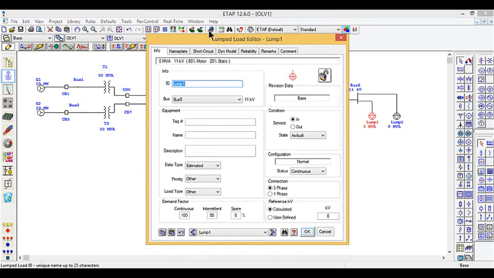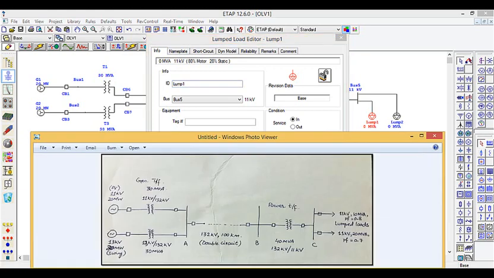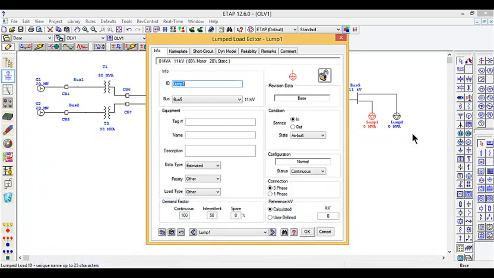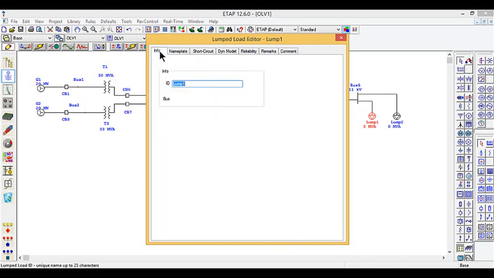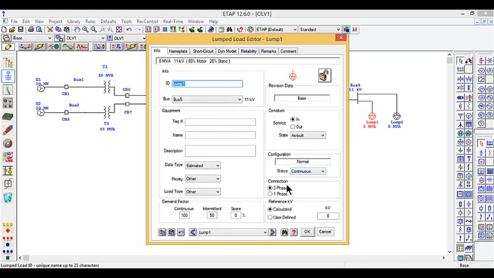Coming towards the load, we need to select loads at 11 kV voltage, 10 MVA power rating and a power factor of 0.8. So we go on to nameplate. First of all, we need to specify the connection type, whether this is three-phase load or single phase load.